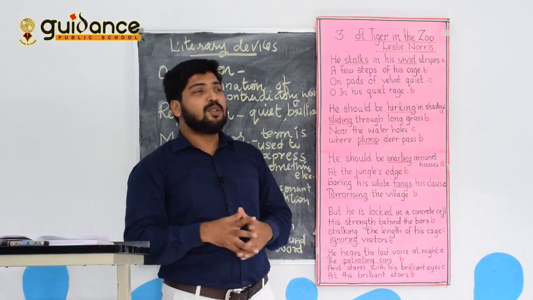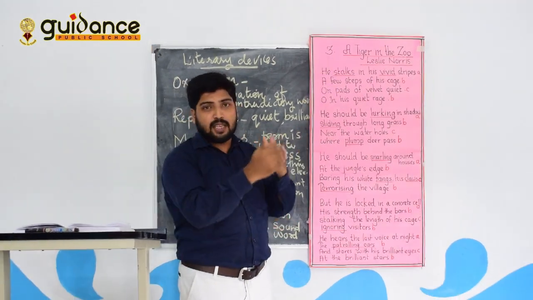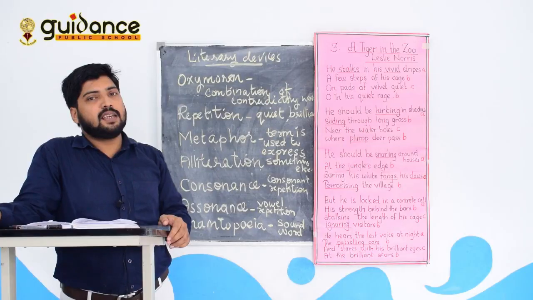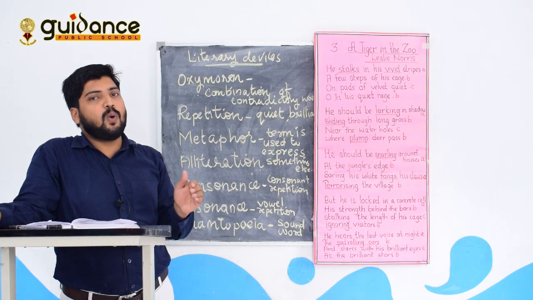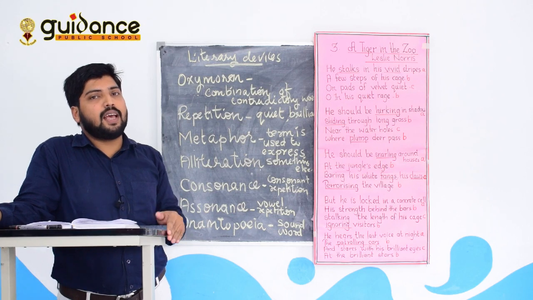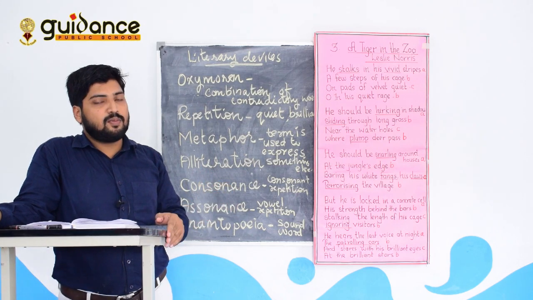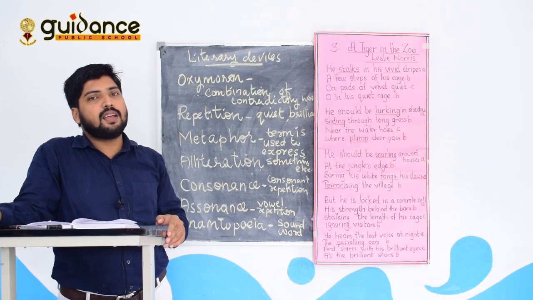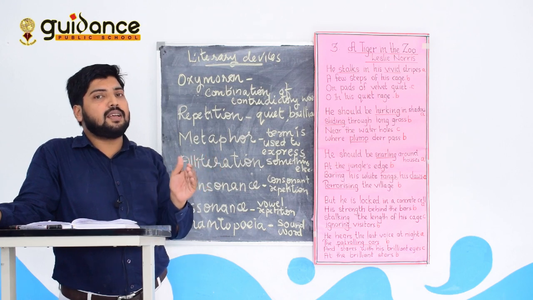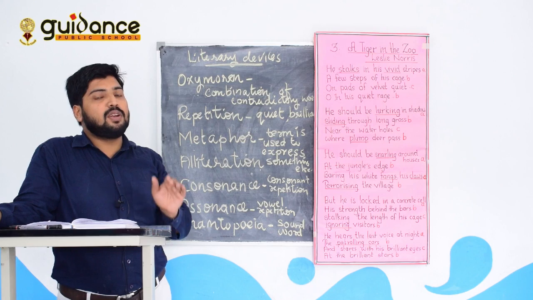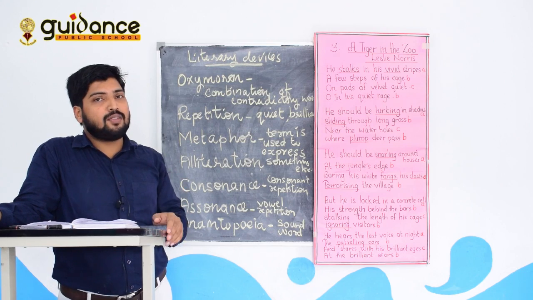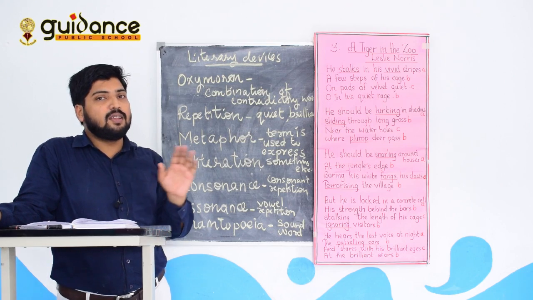Okay. So I sum up the poem. In this poem, the poet tells us two contrasting images: how it lived in the jungle and how it is in the zoo. In the zoo, it is inside the cage, devoid of freedom and helpless.